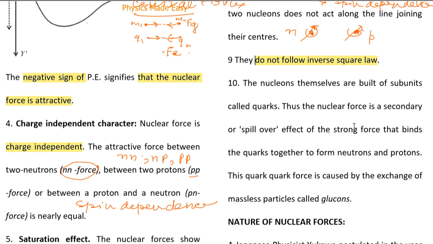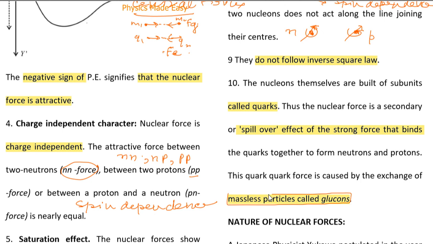Nucleons themselves are built of subunits called quarks. Thus, the nuclear force is a secondary or spillover effect of a strong force that binds the quarks together to form neutrons and protons. Quark forces are caused by exchange of massless gluons. So, we have proceeded further.